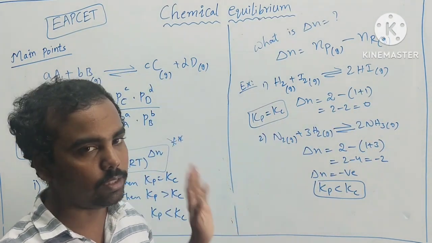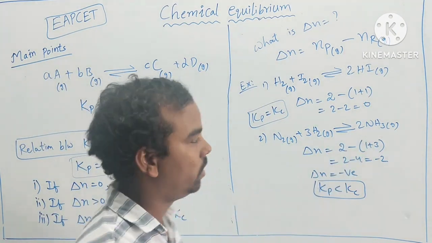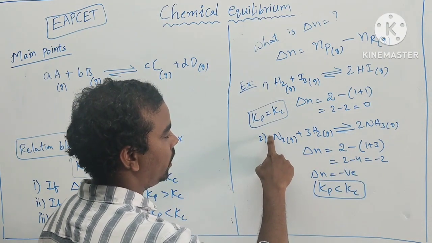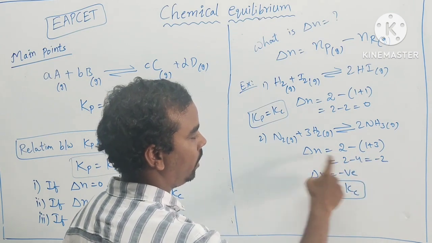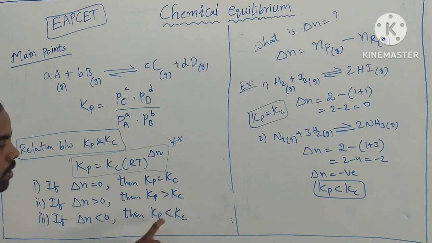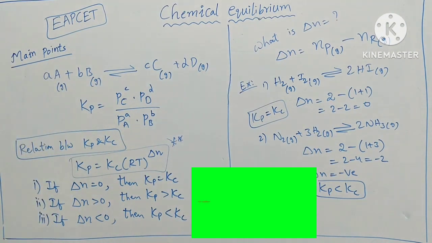So Kp is equal to Kc. Next, N2 plus 3H2 is in equilibrium with 2NH3. Number of moles of gaseous products is 2, minus number of moles of reactants, 1 mole plus 3 moles, total 4 moles. 2 minus 4 is minus 2, so delta n is negative. So delta n less than 0 means Kp is less than Kc. Like these examples. Okay, note this.